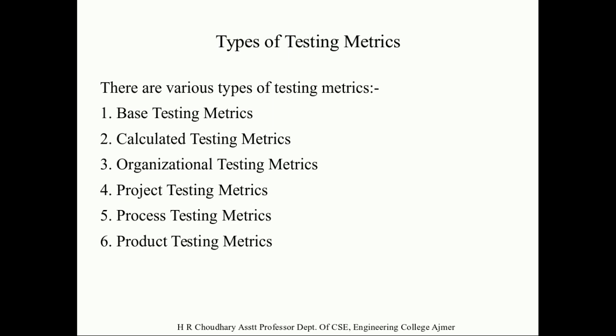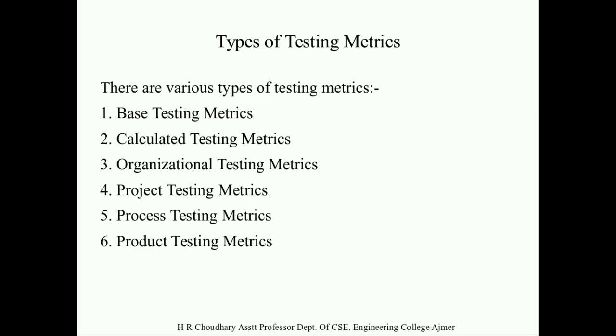For example, the average number of testers working on a project is a static project metric, while the number of defects remaining to be fixed could be treated as a dynamic metric, since it can be computed accurately only after the code change has been made and the product retested. So these are the types of product metrics.